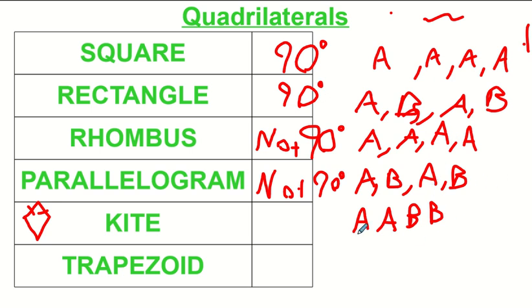What about a trapezoid? So a trapezoid, do any of the sides have to match? No. What you have is one pair of parallel sides.